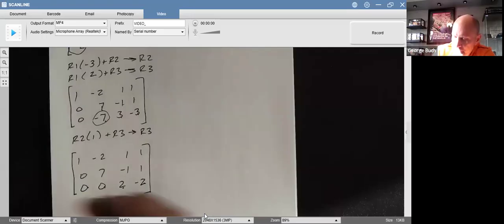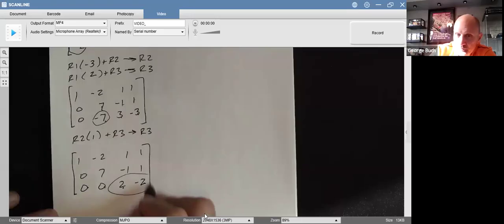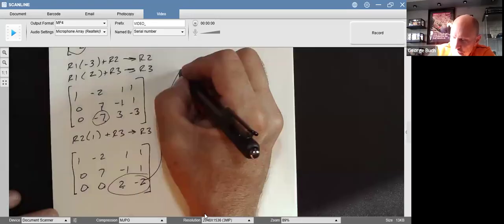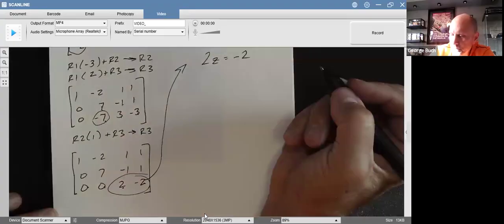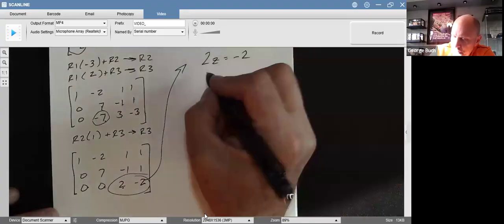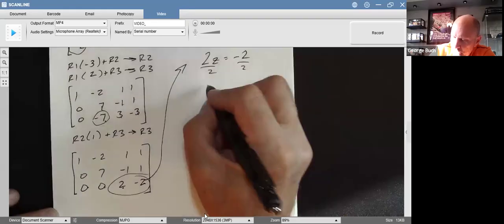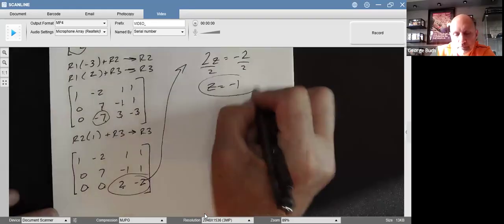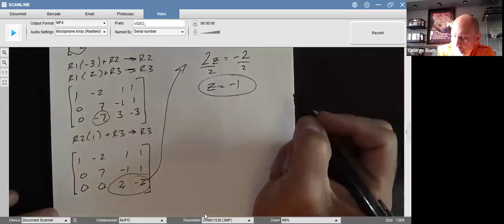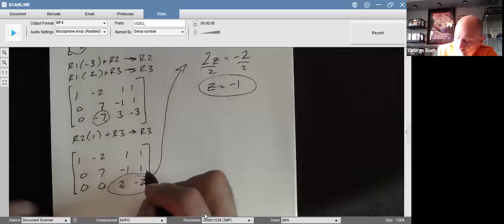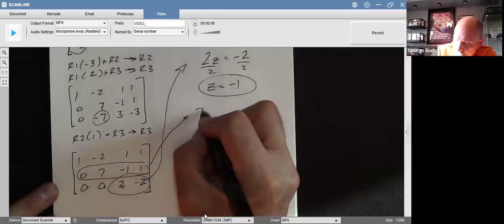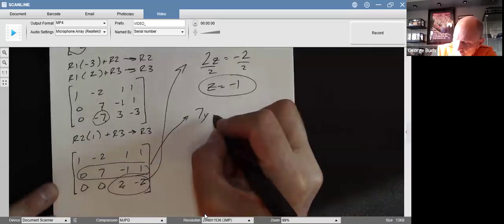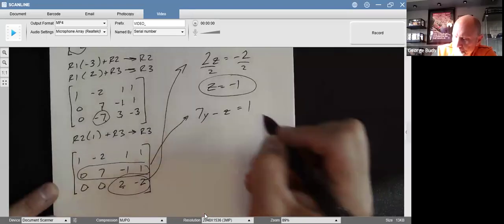So if I use this last row, this really means what? This means 2z is equal to negative 2. So divide everything by 2 means z is equal to negative 1. Now use the second row, because this second row means what? 7y minus z equals 1.